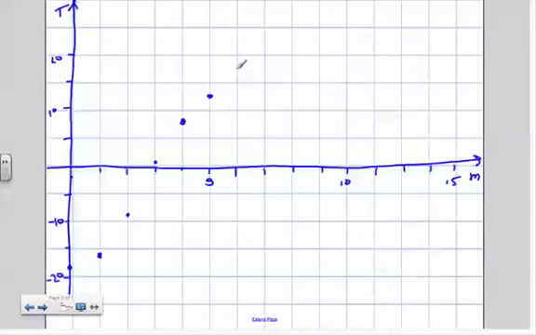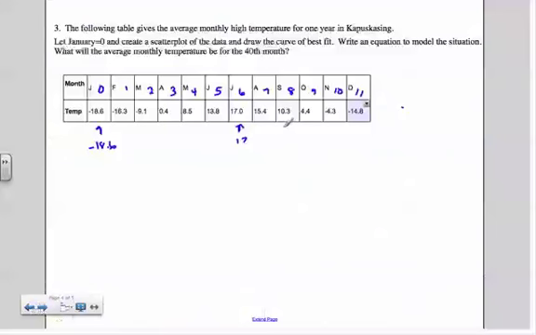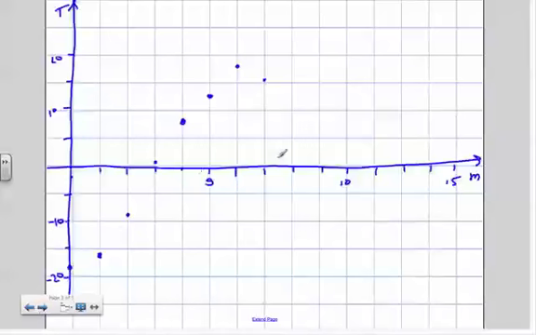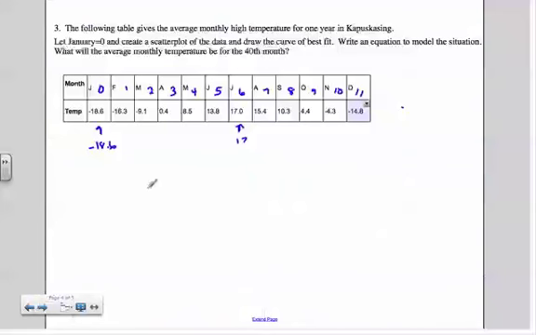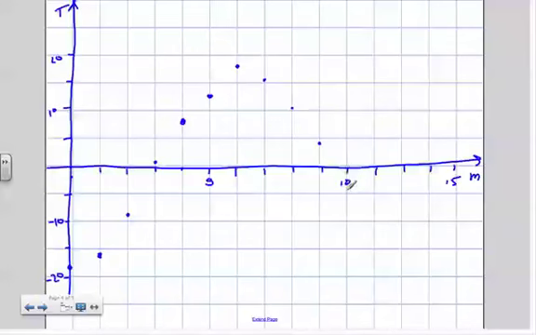So 17, 15.4, 10.3 and 4.4, and negative 4.3 and negative 14.8. So negative 4.3 and negative 14.8. So there's my scatter plot, and I just graphed all the numbers 0, negative 18.6, 1, and negative 16.3.